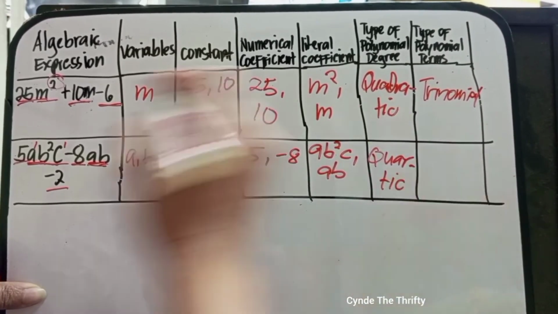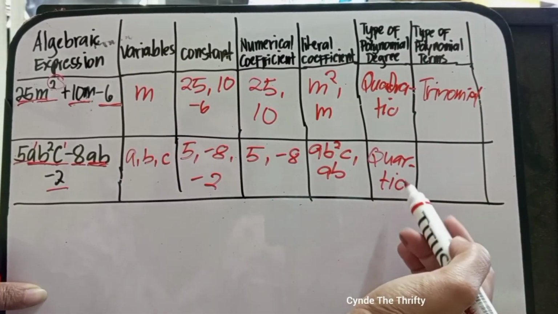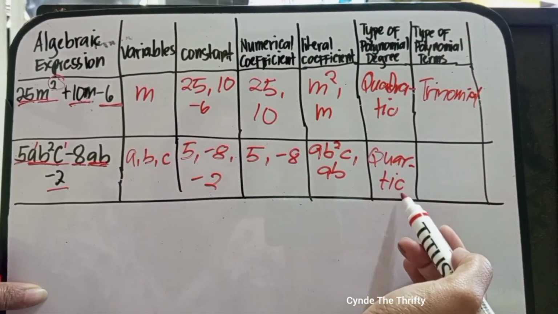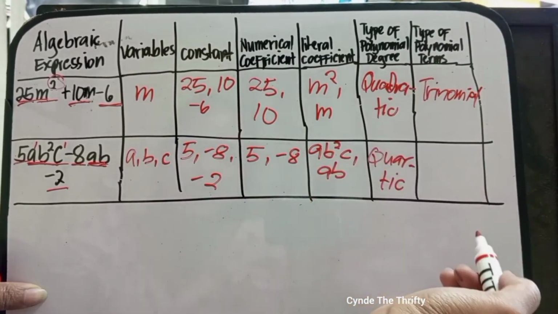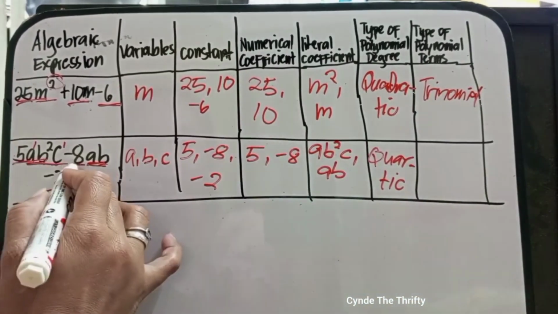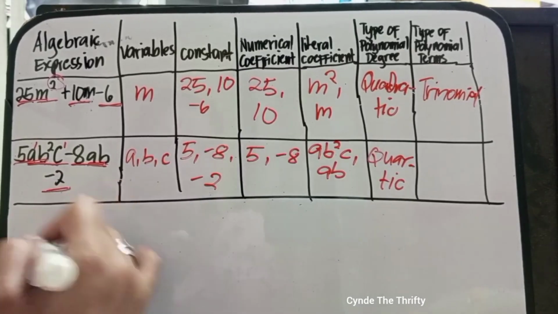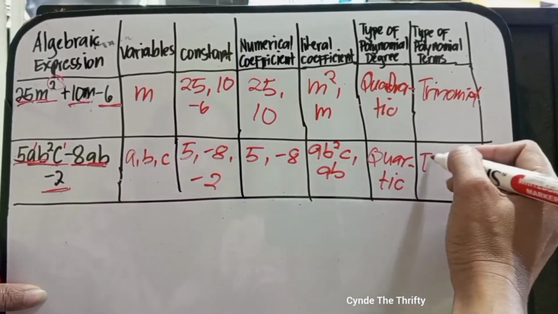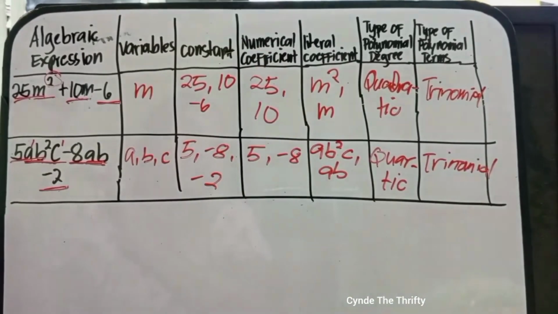Dahil 4 ang total ng ating exponent dito, so ang kanyang type of polynomial according to its degree is quartic. Ano naman ang kanyang type of polynomial according to the number of terms? So, ilang term ba meron tayo? 1, 2, 3. So, ang tawag natin dito is, again, trinomial kasi tatlo, or more, multinomial.